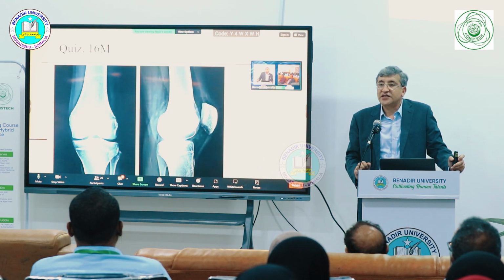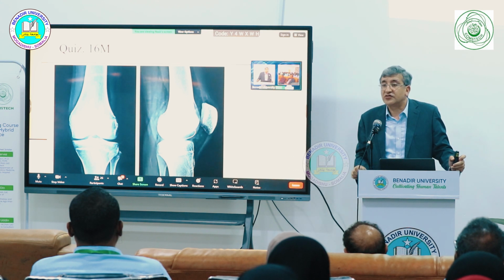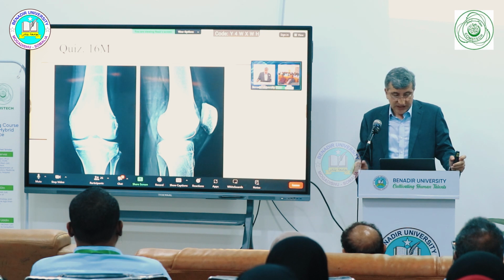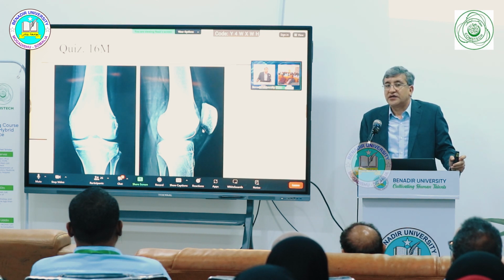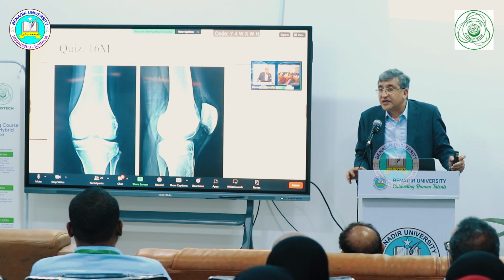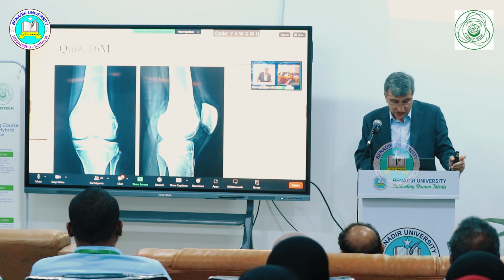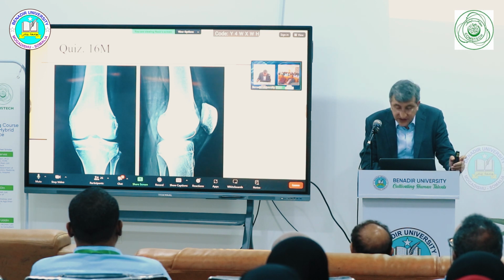A 16-year-old patient, this is from QS radiology. Where is the AP and lateral view? Where is the tumor lesion located? Epiphysis, excellent. They have circled it, epiphysis. Here, this is center.